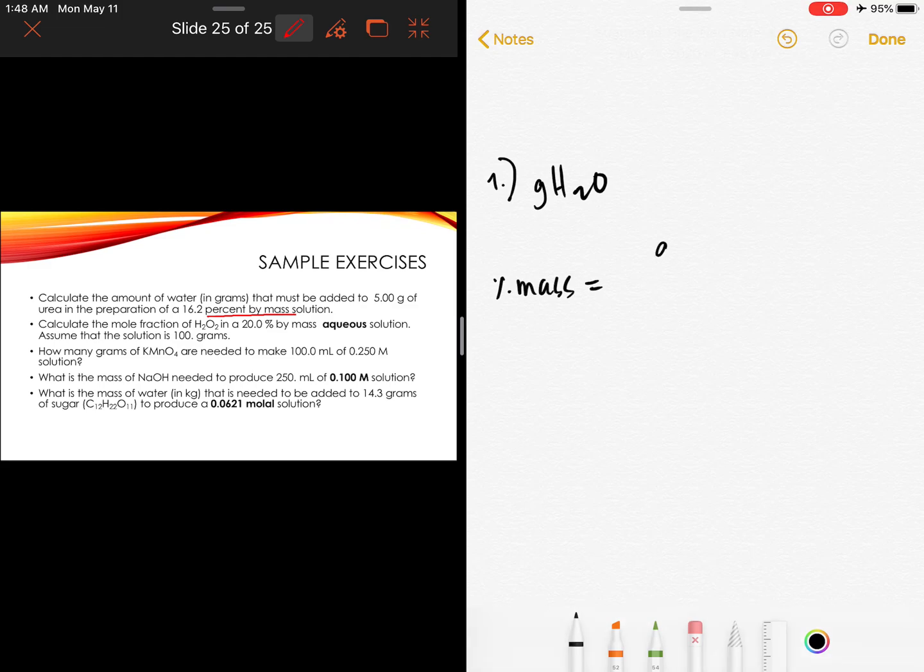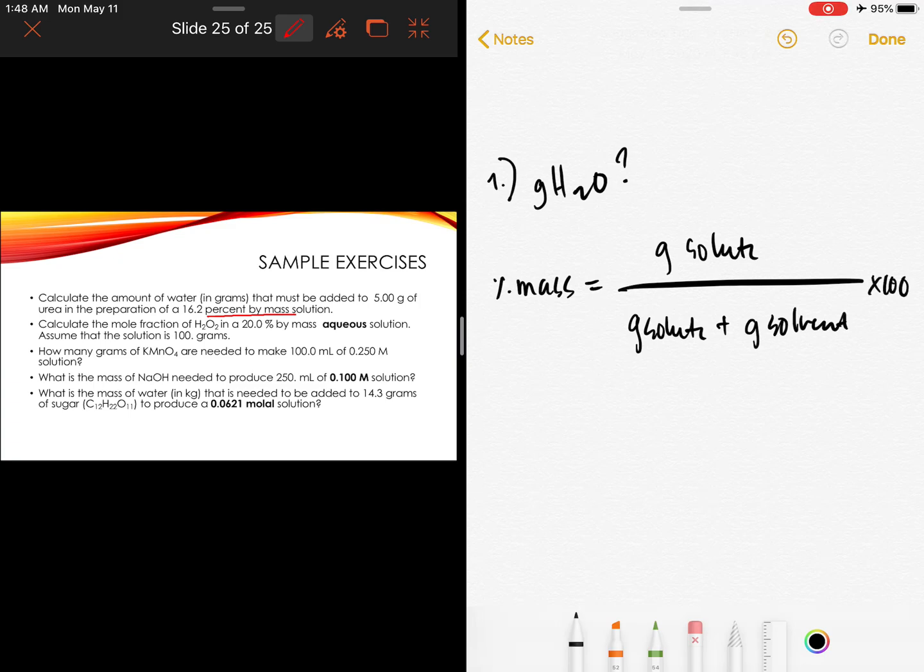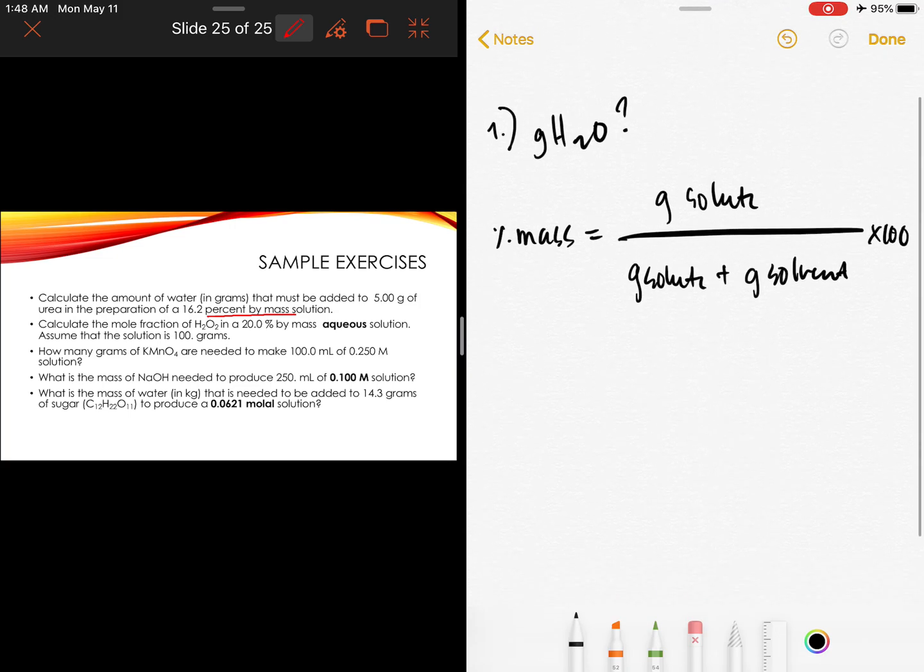So that is equal to the grams of solute over the grams of solute plus the grams of solvent times 100. Okay, now try substituting the values. You were given the exact value for the percent by mass, which is 16.2%, equal to, what's the grams of solute?